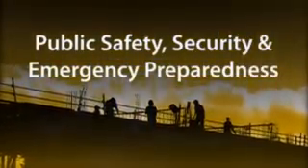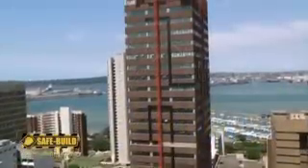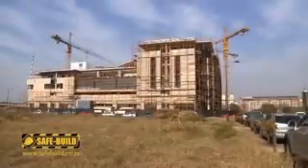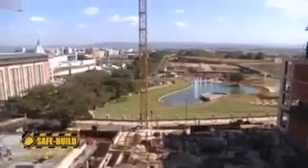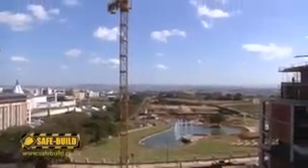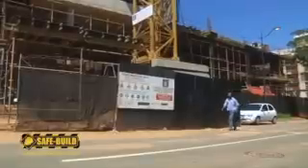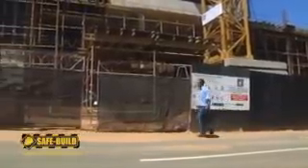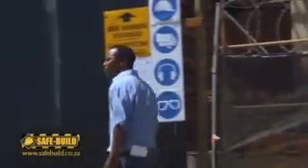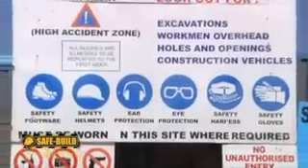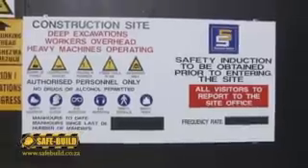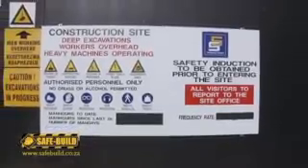Public safety, security, and emergency preparedness. In most cases, construction sites are located close to public areas or amongst already populated public spaces. In the interests of protecting the general public from the hazards associated with these construction sites, it is necessary and the responsibility of the contractor to display appropriate signage to inform the public of the dangers apparent during the construction period.